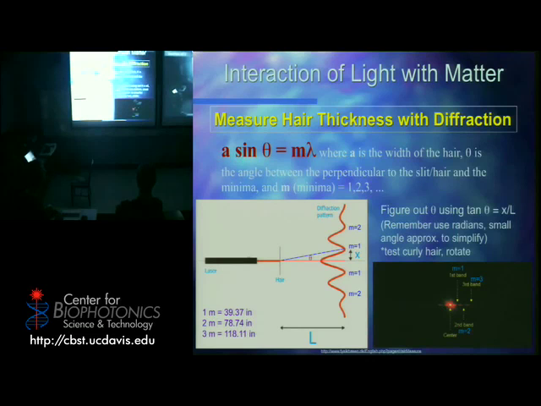Lambda's the wavelength. It's n times the wavelength divided by sine, and then you figure it out. If you didn't want to solve anything, you could do n times wavelength over sine arctangent x over L.